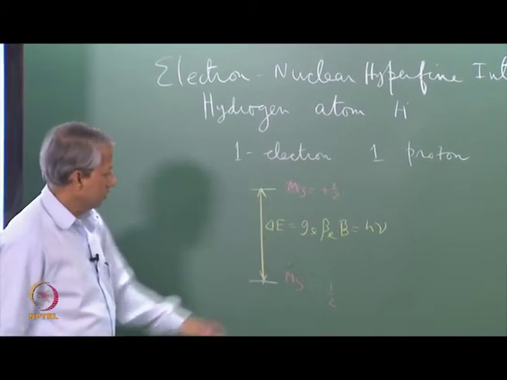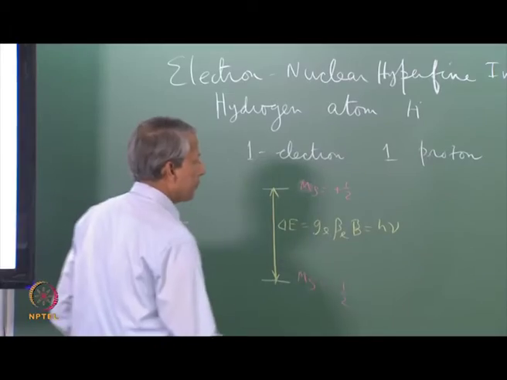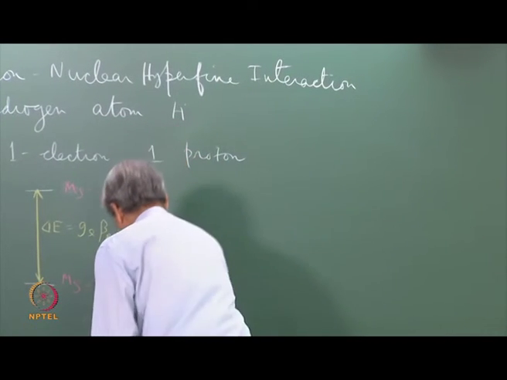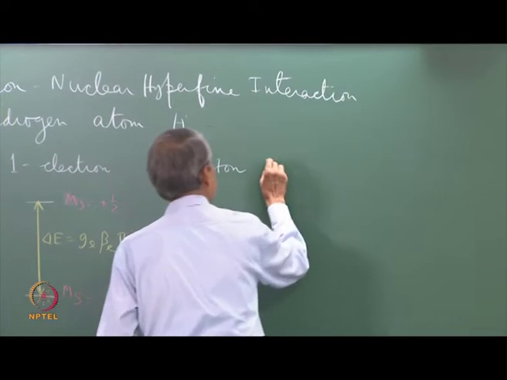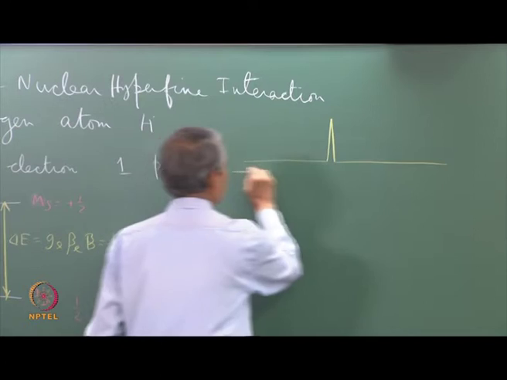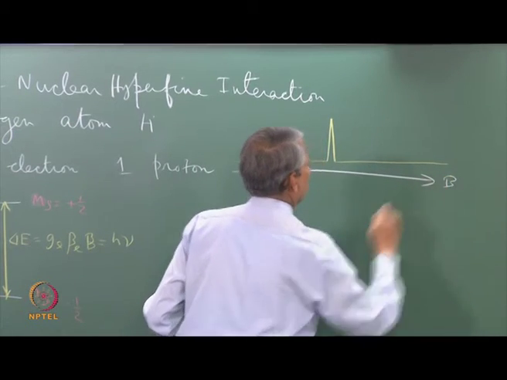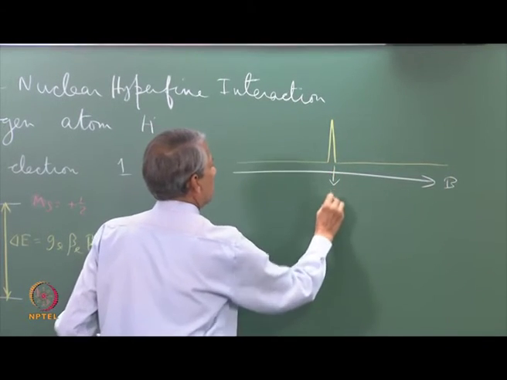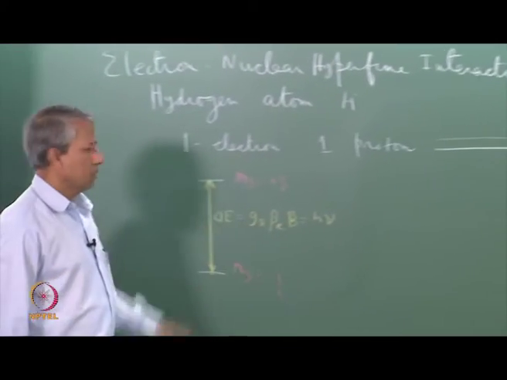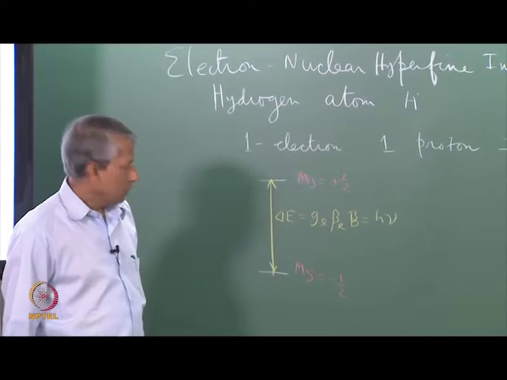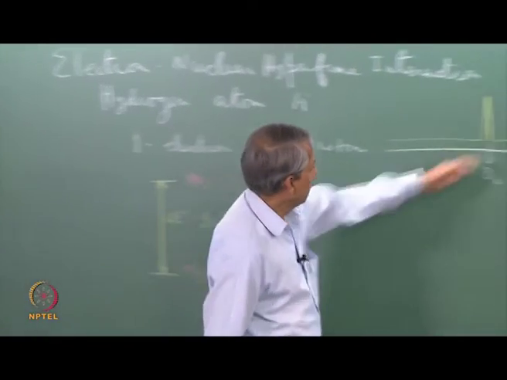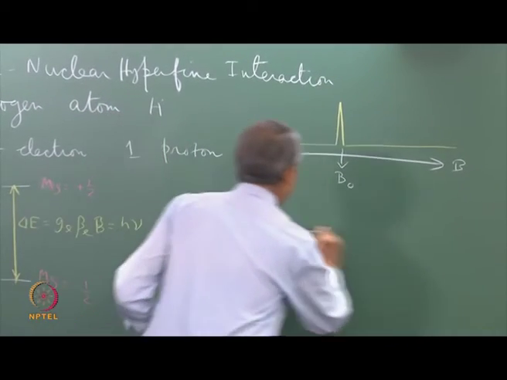So, for a fixed frequency experiment, the EPR spectrum will look like, I will draw it here. And this is the magnetic field. So, this corresponds to the energy of transition which satisfies this relationship. But what is found, if the experiment is done, is that this spectrum does not look like this, but it appears to be this type of thing.